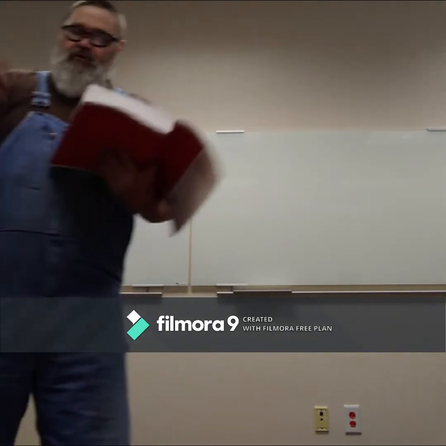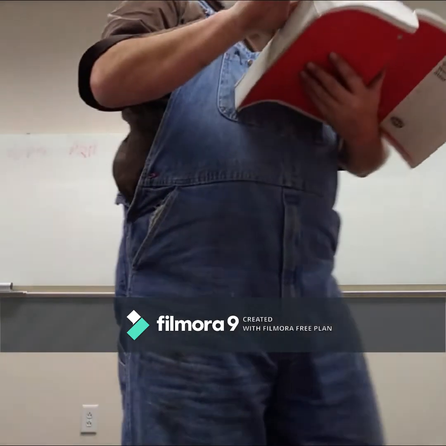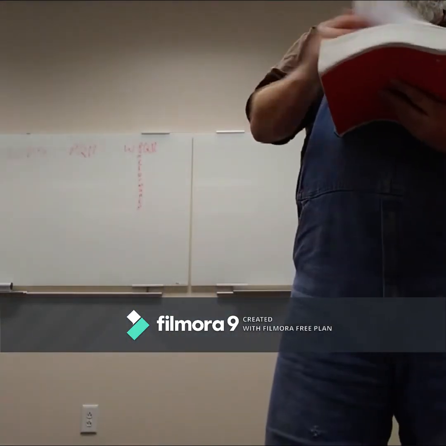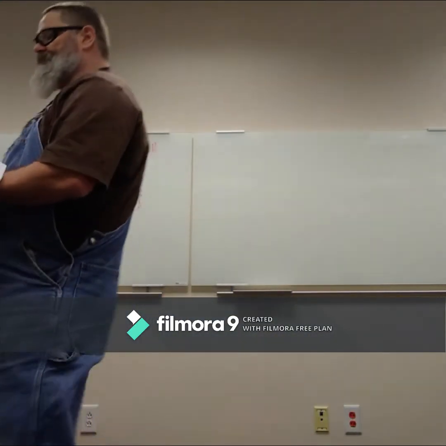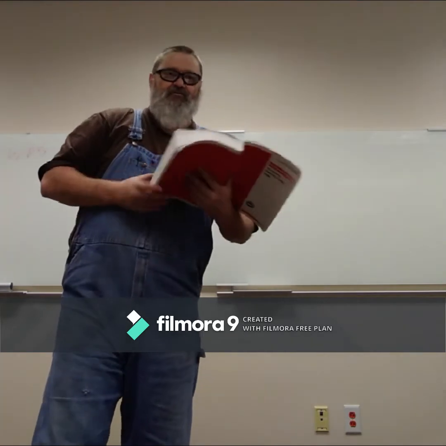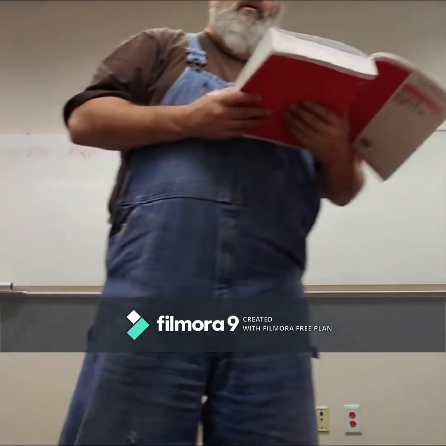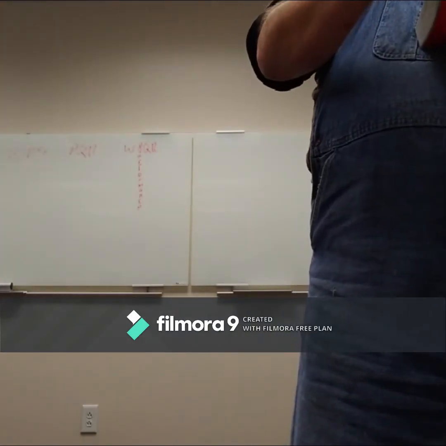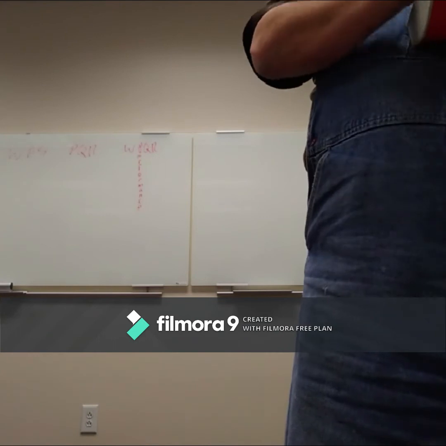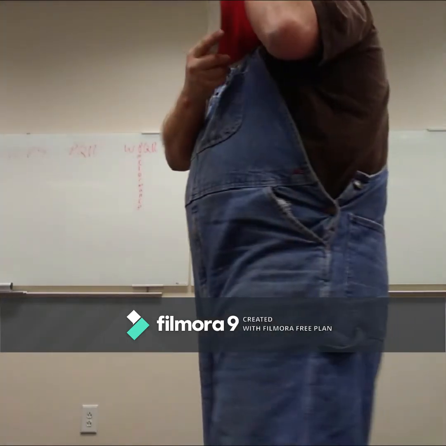So for a homework assignment, read the foreword and read all of the summary of the changes. You don't have to memorize any of them, I just want you to know where they're at. And I want you to read the table of contents and the list of tables all the way up to chapter 1.